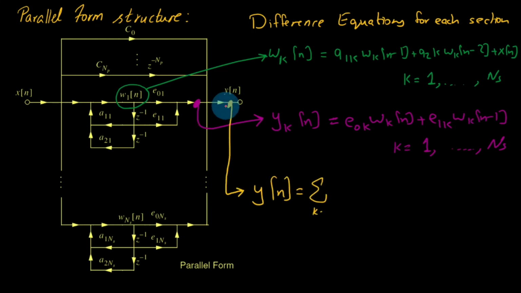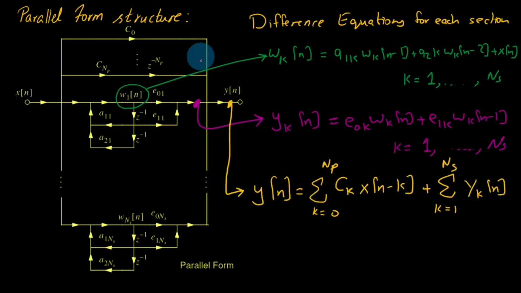Lastly, at the output, we are basically summing all these branches, that is, the sum over k from 0 to Np of ck x of n minus k, plus the sum over k equal to 1 to Ns of yk of n, wherein these parts reflect the region in which the numerator has equal or higher order than the denominator, as in the example we considered, 8. So these are coming from here, whereas these parts are from here.